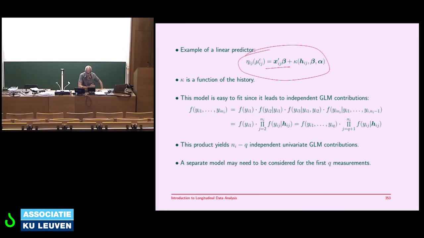Now, since you condition on the past, you're actually using the chain rule. You're looking at the first measurement, the second given the first, the third given the second, or more generally, the third given the second and the first, the fourth given 1, 2, 3, the fifth given 1, 2, 3, 4, etc. It is the law of total probability, which means this is a product of independent contributions, which drastically simplifies the likelihood.